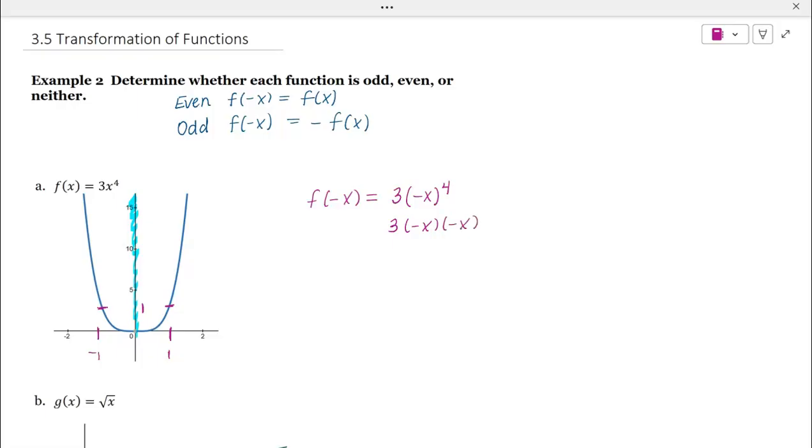Notice that the -x is in the parentheses, so they're going to cancel each other. These two will cancel to become positive, and these two will cancel to become positive. So overall we're getting 3x to the 4th, which is the original function back. So that means that this function is even.